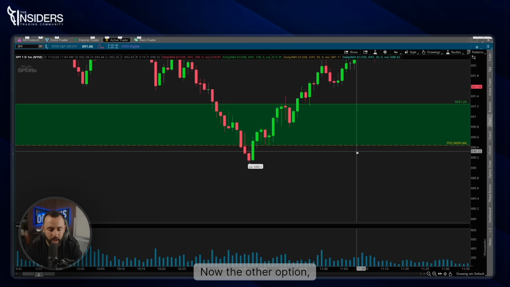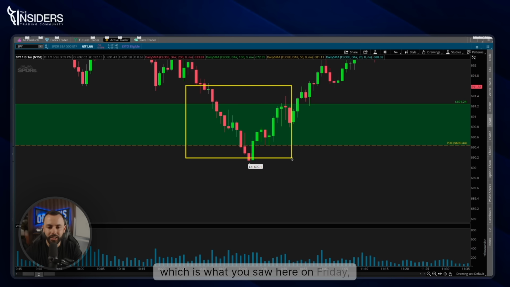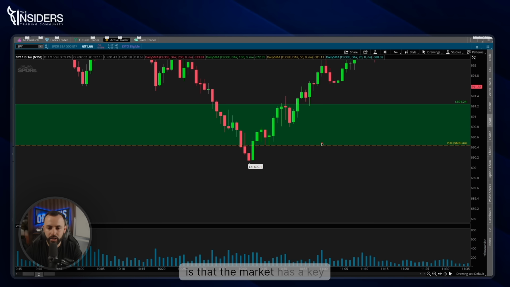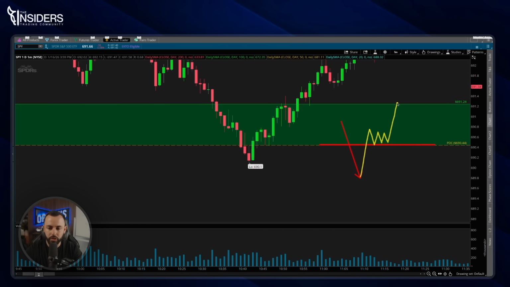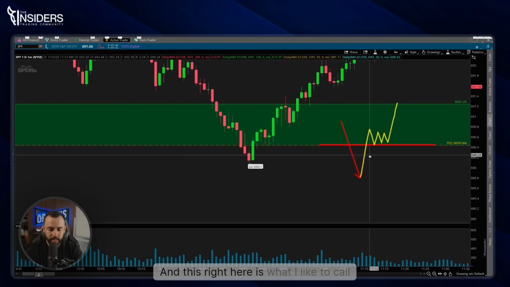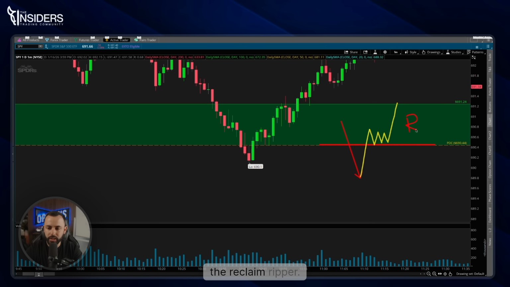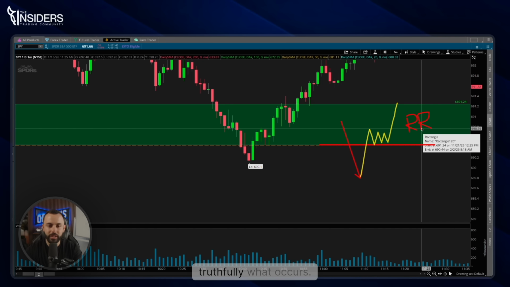Now, the other option, which is what you saw here on Friday, is that the market has a key level, it breaks below it, it gets back above and turns it back into support. And this right here is what I like to call the reclaim ripper. Now, I like to call it that because that is truthfully what occurs.